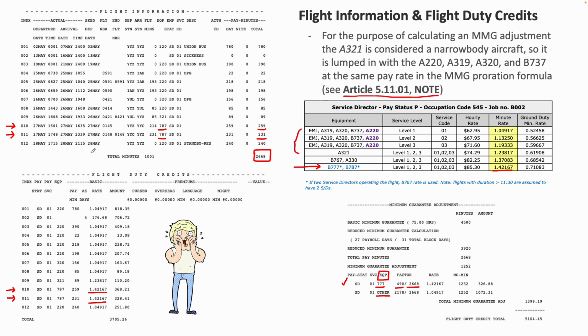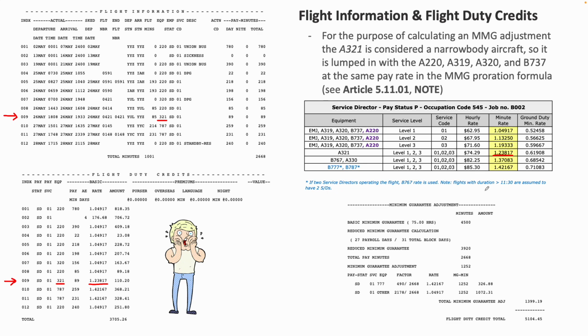So to give you an example, you can see in index item number 9 that I flew on the Airbus 321. We can see when paying me for the actual time spent flying on the 321 that $1 and approximately 24 cents per minute was the rate that's used, and that does correspond to what we have in the table for our aircraft type pay.